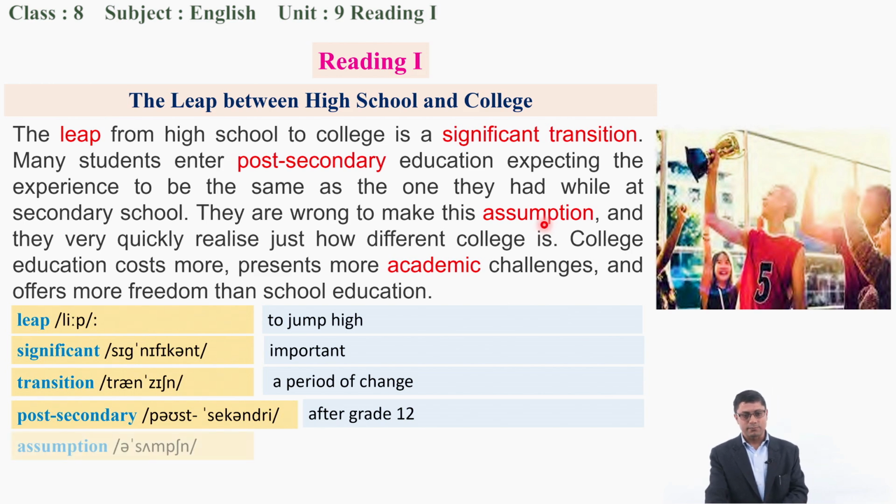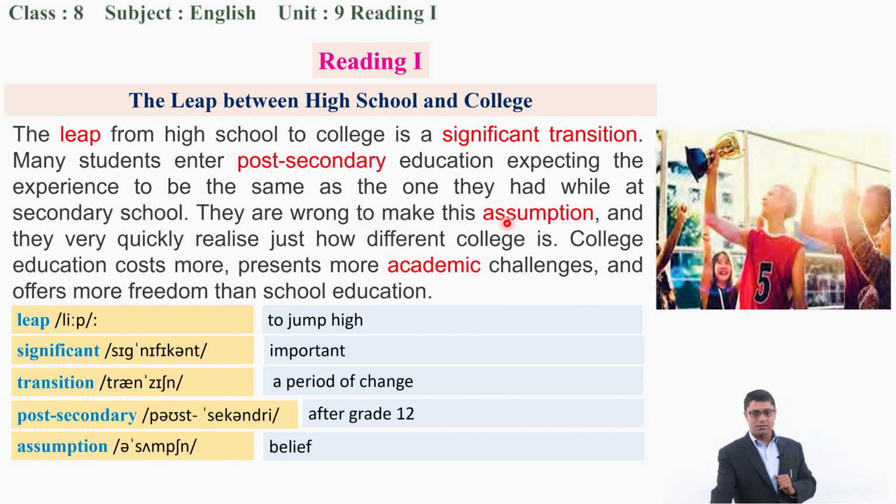Assumption means belief. So they think college education is similar to high school education, and in this belief they are wrong. And they very quickly realize just how different college is.